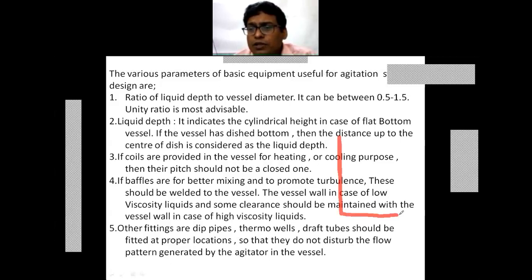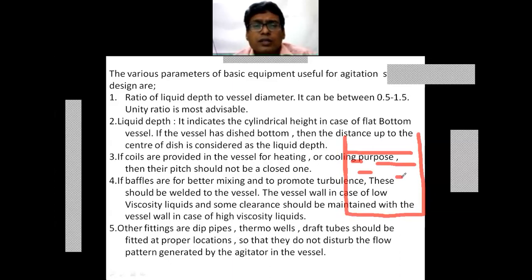The flat bottom will be there. So this is the liquid height. You can understand it. If the vessel has a dish bottom, now I'm drawing a dish bottom, a certain head is provided, which is the most common in our chemical industries.